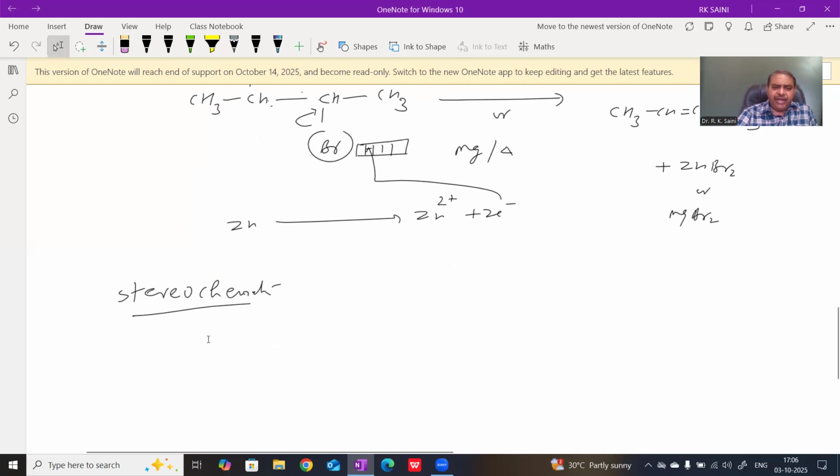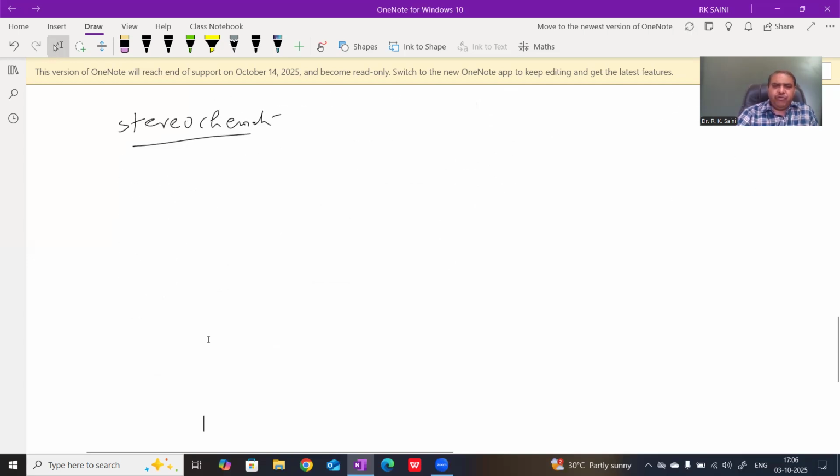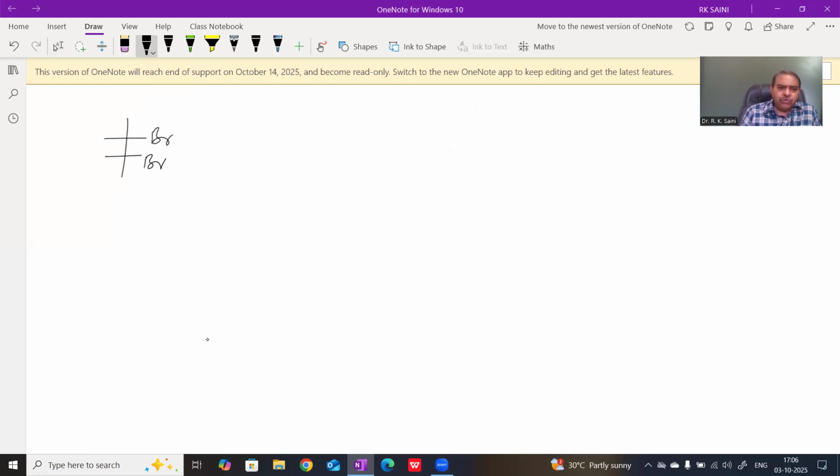For example, we take the meso compound, meso 2,3-dibromobutane, in zinc dust. Then the alkene is 2-butene plus ZnBr2.